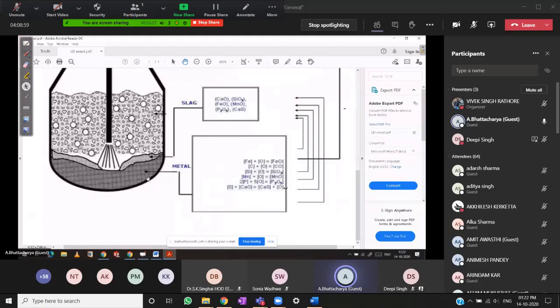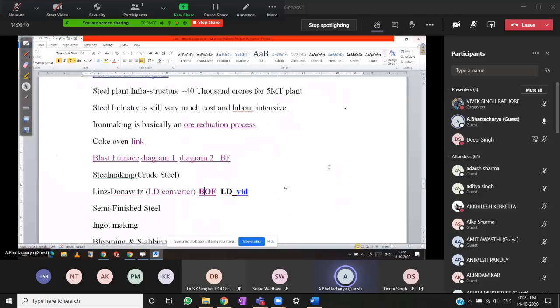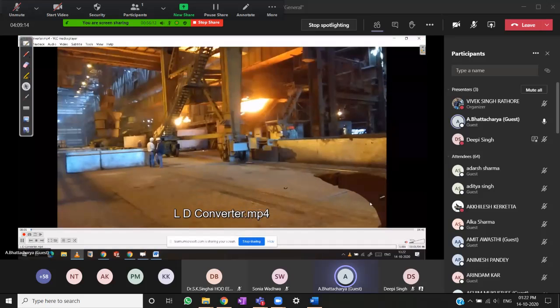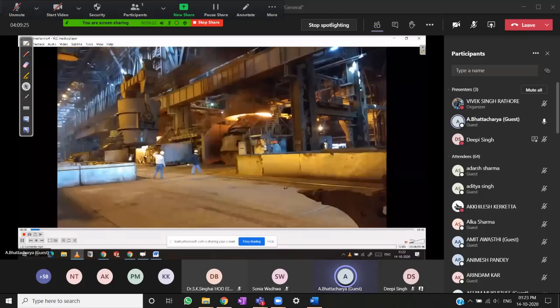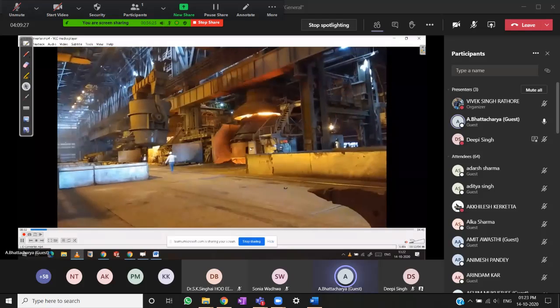Now this steel is removed from the vessel. The vessel can be tilted. You can see, it can turn, it can tilt. This is a huge vessel.